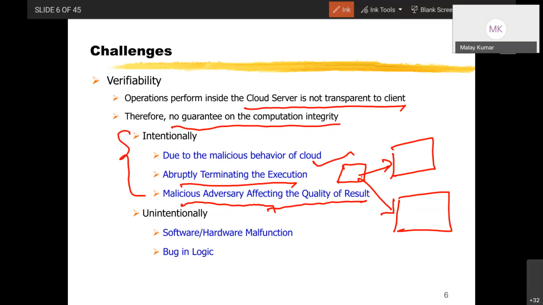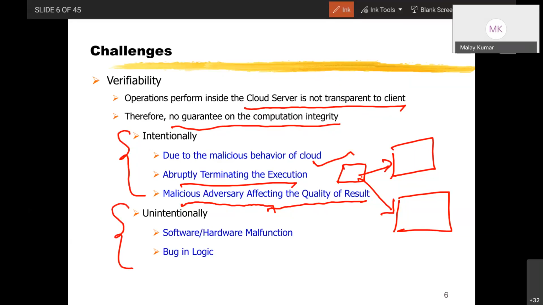Okay. Further, there is also a reason of unintentional cause, means there is some hardware or software malfunction in the system, and due to that the produced result is incorrect, or there is a bug in the logic. So that could also be a reason for a wrong result.